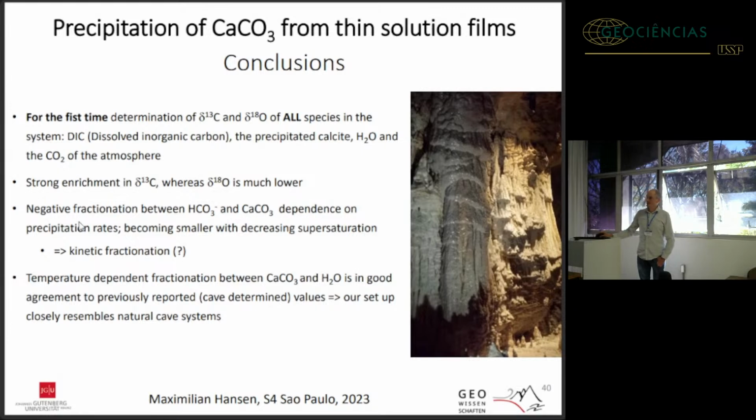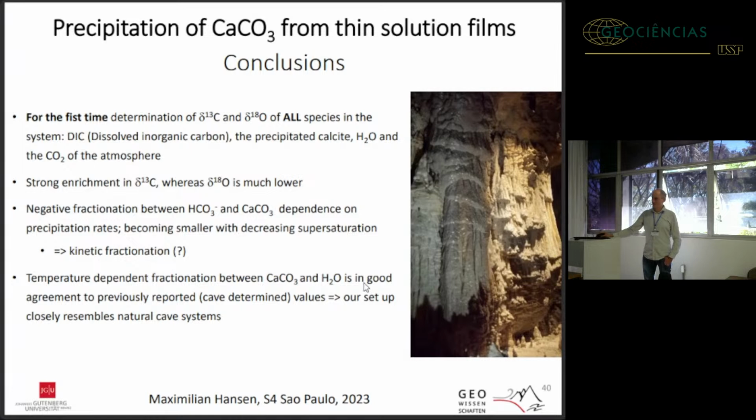And we observed a negative fractionation between the bicarbonate and the calcium carbonate in dependence on precipitation rates, which becomes smaller with decreasing supersaturation, and this is a strong hint to disequilibrium or kinetic isotope fractionation processes. The temperature-dependent fractionation between the water and the calcium carbonate is in good agreement with previously reported cave values.